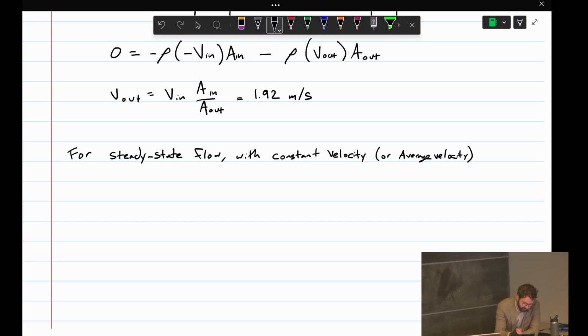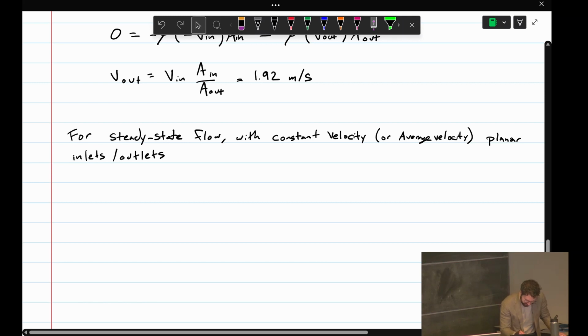Okay, so for steady state flow with constant or average velocity, inlets, outlets, maybe I'll say planar inlets and outlets. Planar is important because that normal vector will be constant along an entire inlet or outlet. You can just jump straight to this equation.